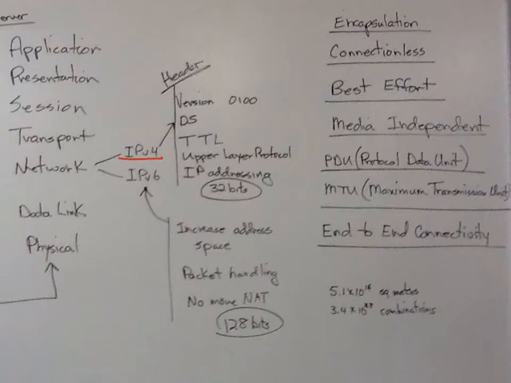IP4 has a header, and it has the data in there. At the network layer, the data came down from up here, and eventually became a segment, and then it was pushed down here and encapsulated with the IP addressing. It's going to use version 4. This would be the priority, time to live.